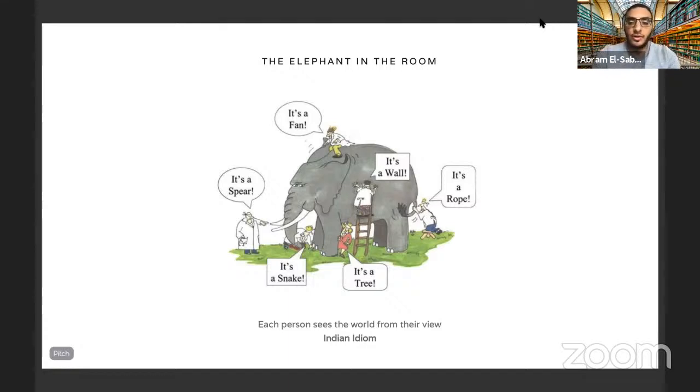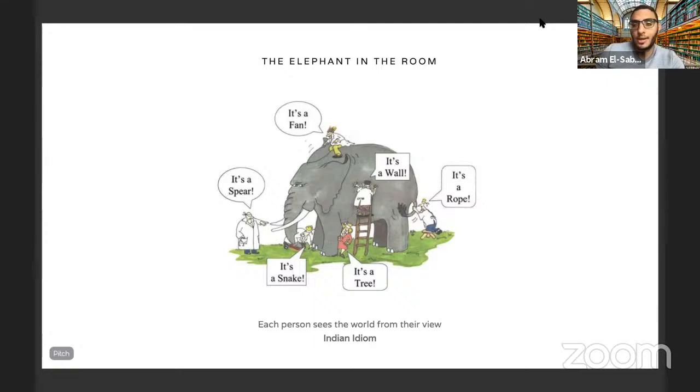That's the point of systems thinking: we're trying to understand the system by zooming out and talking to lots of people to understand how these different worldviews interact, to find out that it's an elephant.